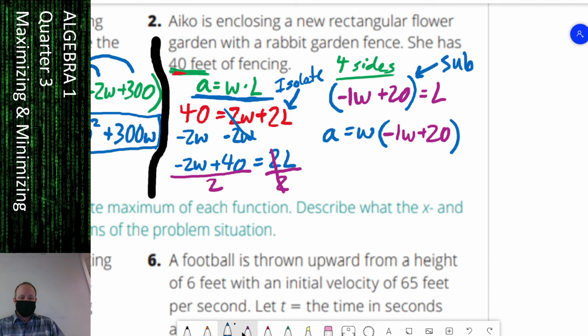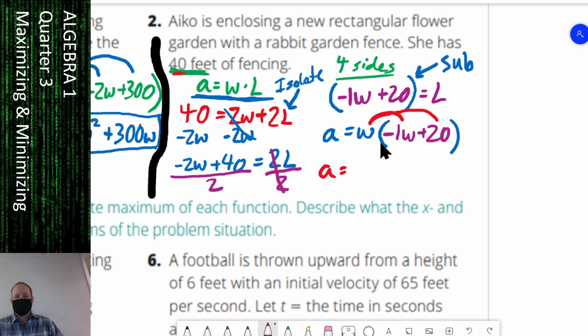And our very last step, what did we do to get rid of the parentheses? Distribute. And you can go ahead and get rid of, if you multiply something by a negative 1, the 1 is gone.